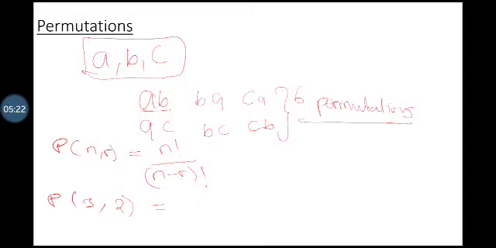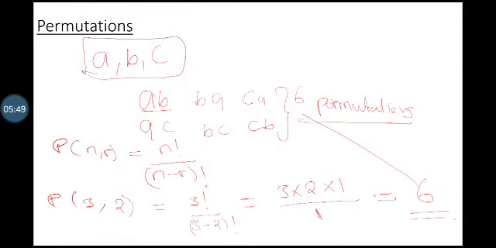This is equal to 3 factorial over (3 minus 2) factorial, which is 3 times 2 times 1 over 3 minus 2, which is 1, and 1 factorial is just 1. This is equal to 3 times 2 times 1, which is 6. Permutations are 6, the same as what you found when arranging.